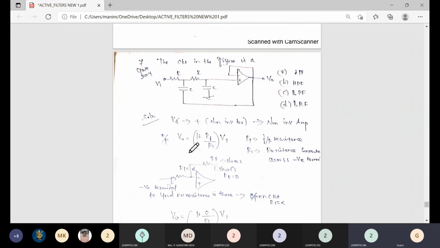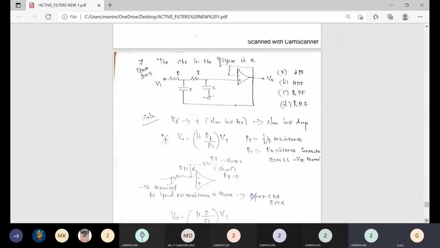R1 is also not there. For an ideal operational amplifier the input impedance is very high, so R1 is infinite and RF equals 0.